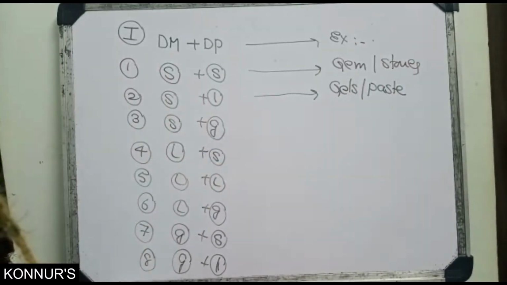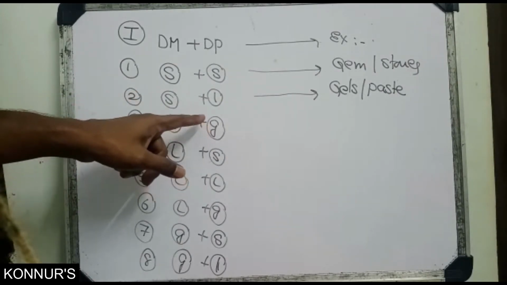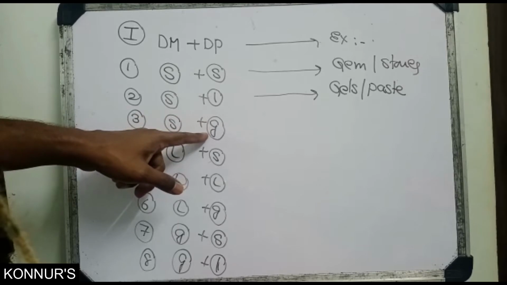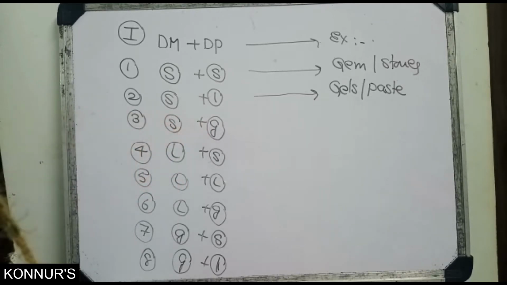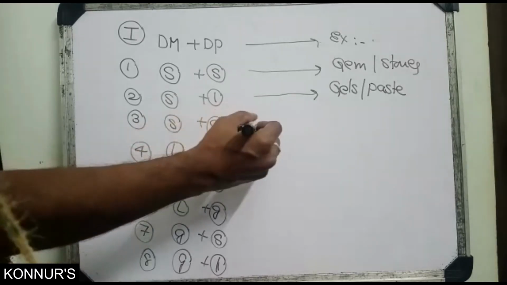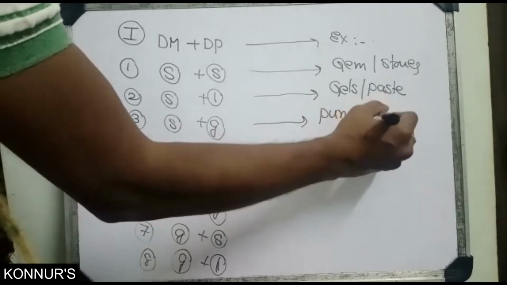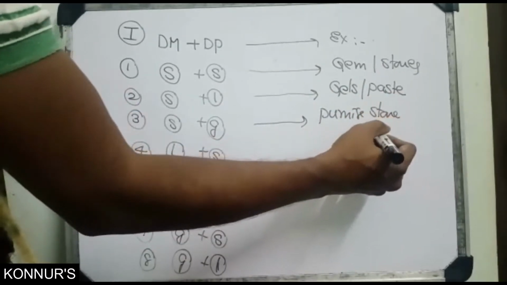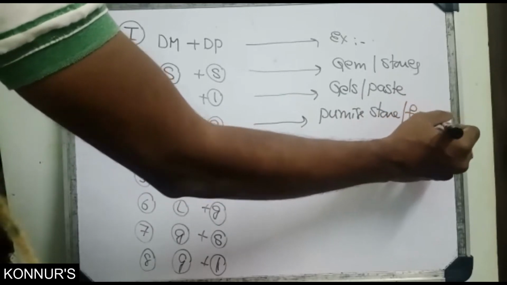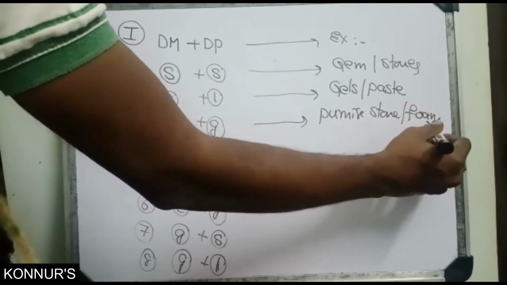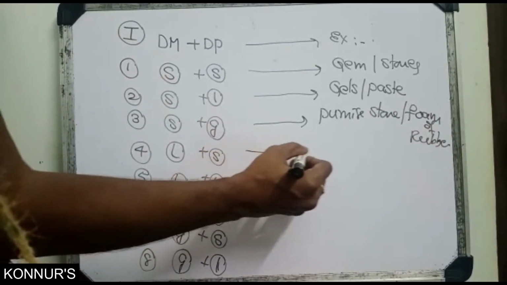Next, a small amount of gas present in a large amount of solid: pumice stone, otherwise foam rubber. These examples are very, very important.